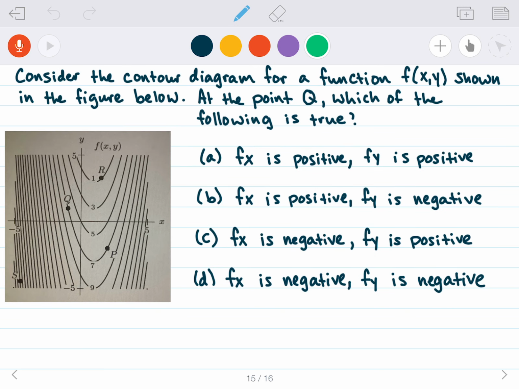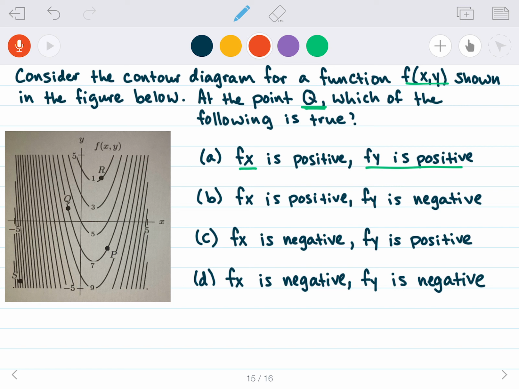Okay, let's do one more. So we want to consider the contour diagram for the function f of x y, and we want to consider what's happening near point Q. Okay, so at point Q, which of the following is true? Partial derivative with respect to x is positive, partial derivative with respect to y is positive. Is that true?